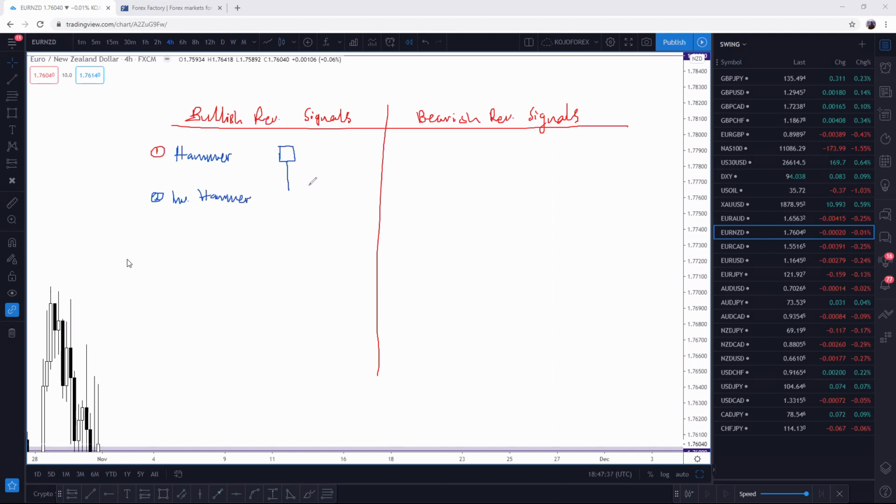So you'd have the wick from the upside and then the head like that. That's the inverse hammer.